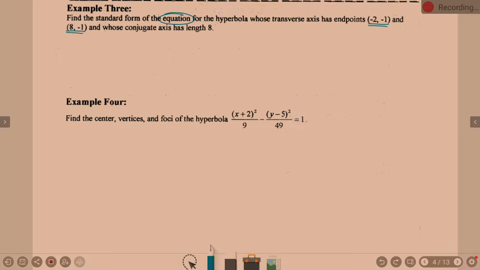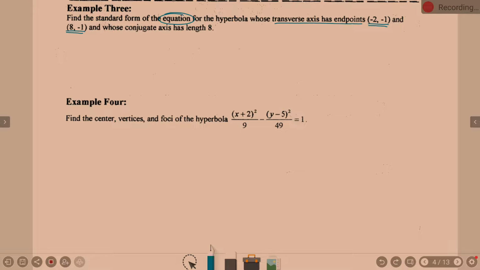Okay, so I agree with him. He's trying to figure out how to tell it to me, but I do agree with him that this is a left column problem, and these transverse axis endpoints are what can tell me it's a left column.